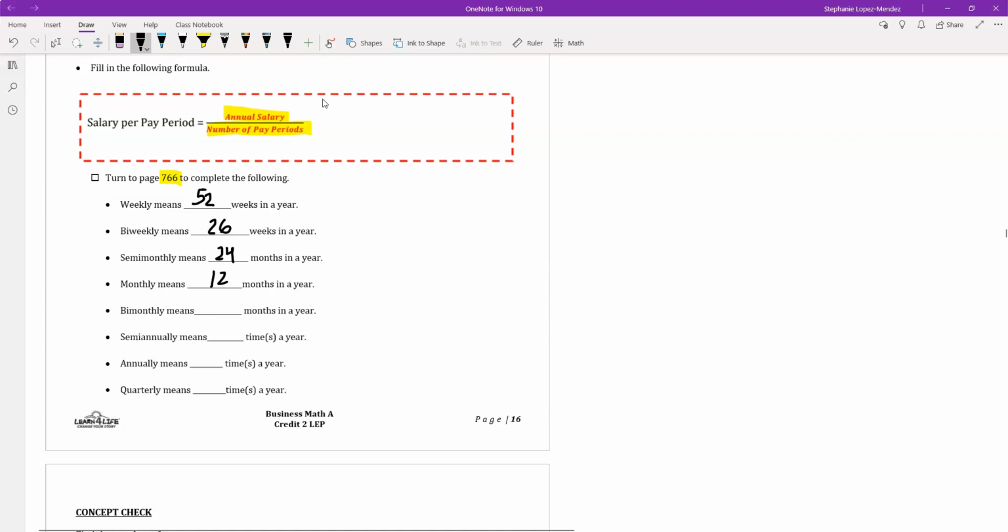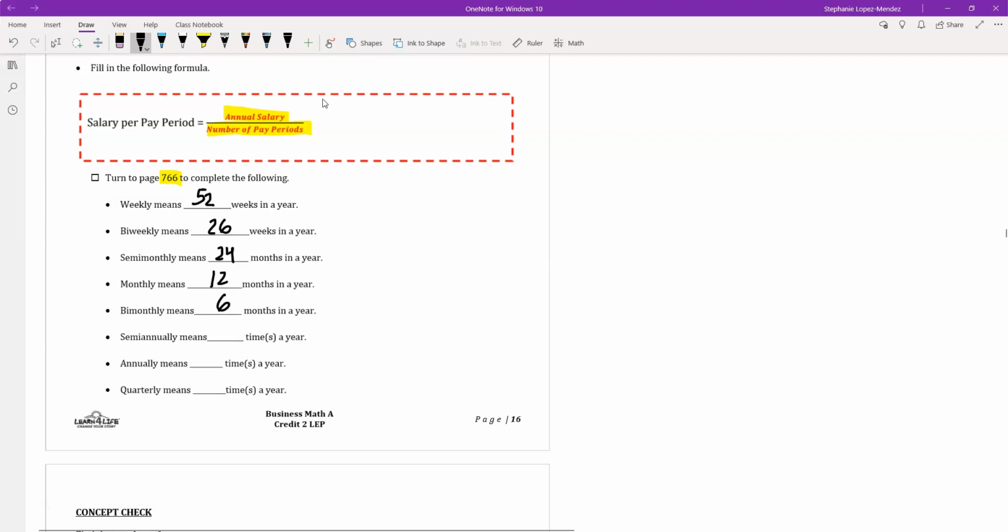Bi-monthly means that you get paid every other month, or every 2 months. So if we have 12 months every year, we will only get paid half of it, right? So that is only 6 times.